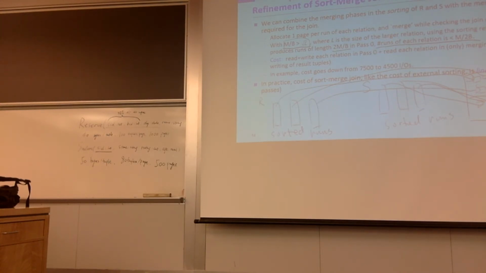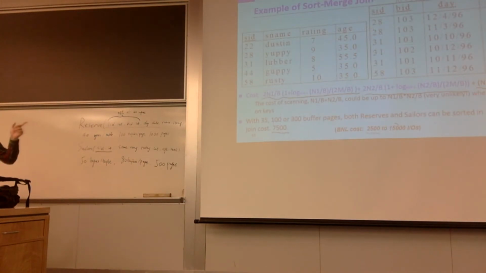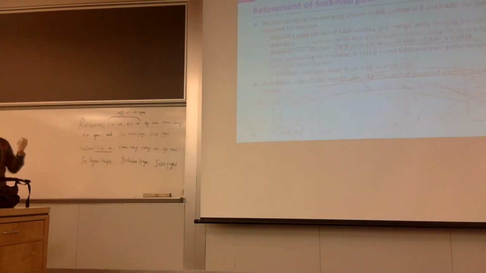It should be less than 35. So basically this is smaller than 35. Then, as we said, if you use a buffer pool with 35 or 100 or 300 buffer pages, then this condition holds. M over B greater than square root of L holds, right?